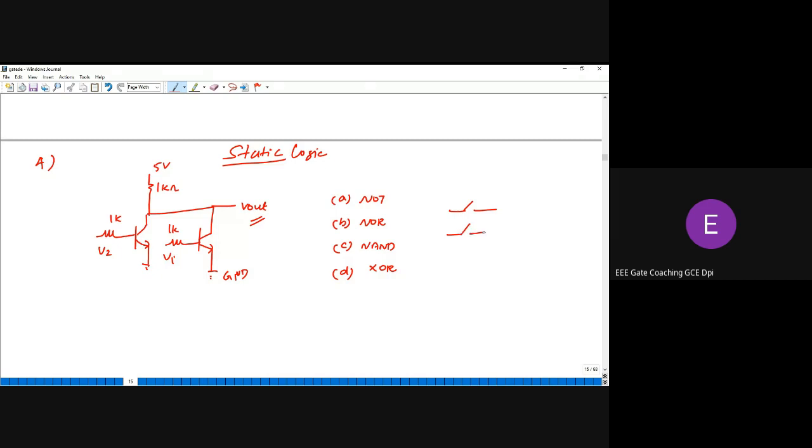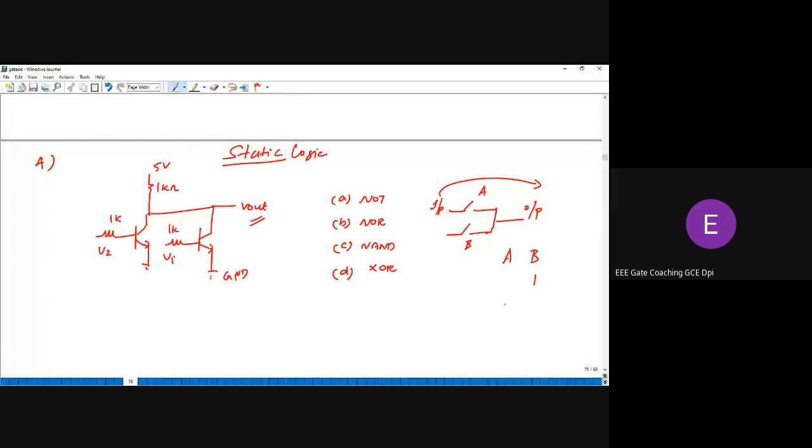Okay, this is A and B. This is your input and this is your output. Okay, so if any one of the inputs A or B is 1, what happens? The input will flow through this one and it will reach the output, right?